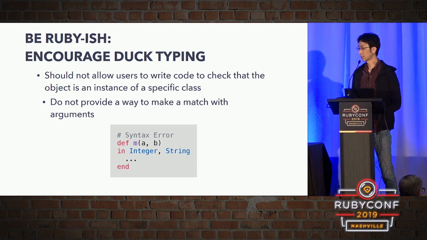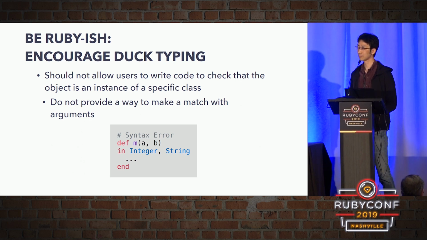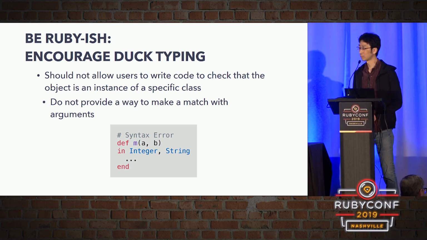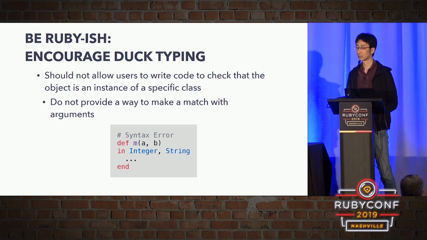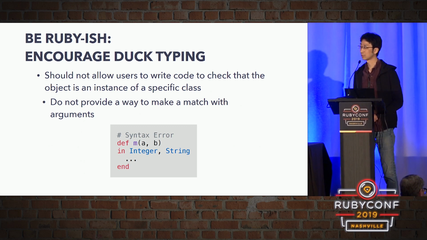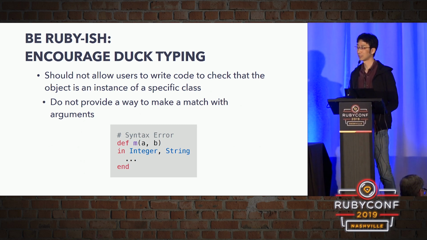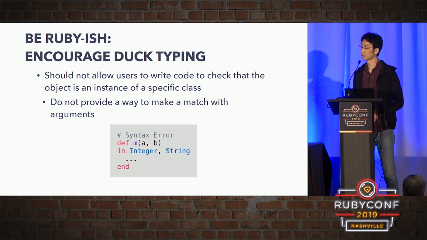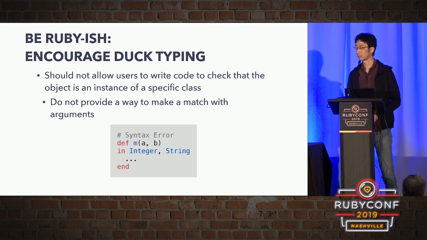And the next point is we don't provide a way to make a match with arguments. In this case, the case keyword is deleted, and it immediately tries to make a match with arguments. I think it is possible to support that syntax, but checking if an argument is an instance of a specific class is not for duck typing, I think. So I hesitate to introduce such syntax.